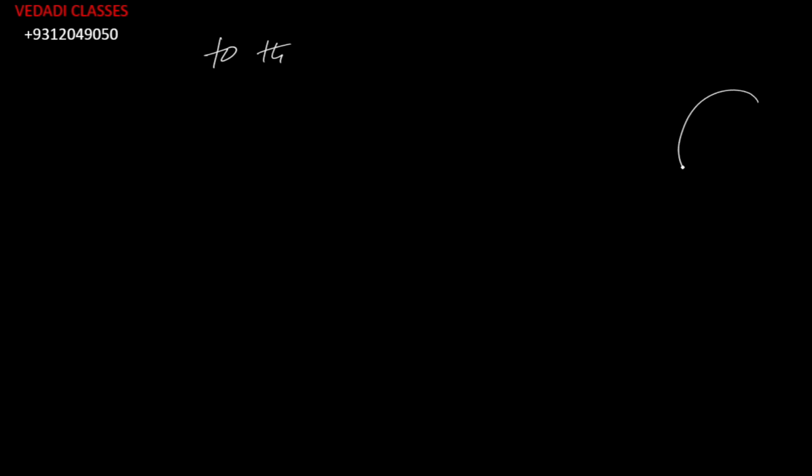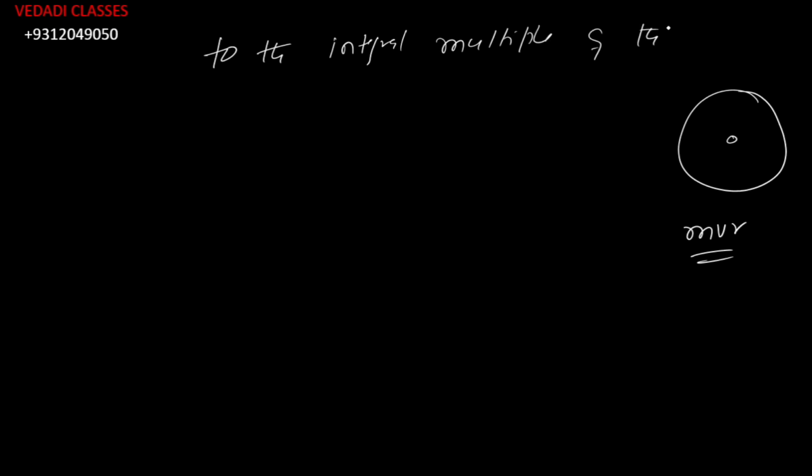Angular momentum is what? This is a circular path, so it will have angular velocity. So mass into angular velocity is the angular momentum. So angular momentum is mvr. So whose angular momentum will be equal to an integral multiple of h upon 2 pi.